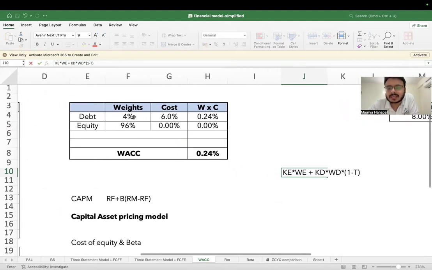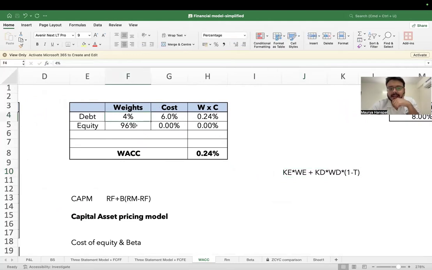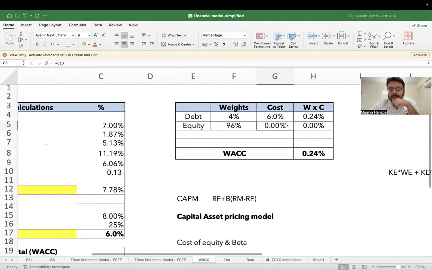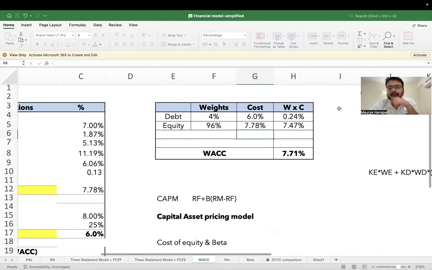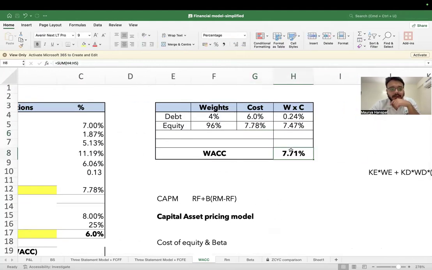So here if you see, for example, if the capital structure is 100%, 4% is debt and 96% is equity, my cost of debt is 6%. My cost of equity, I can take as 7.78%. I have taken it here. And my weighted average cost of capital comes out to be 7.71%. I can simply do a weight into cost and add this.